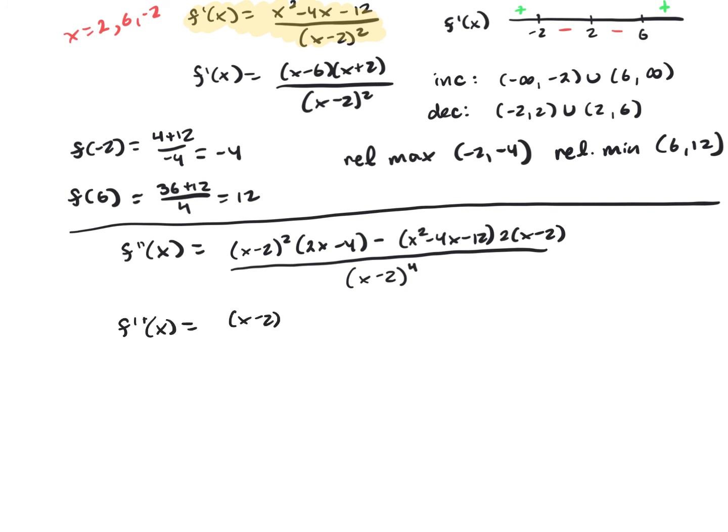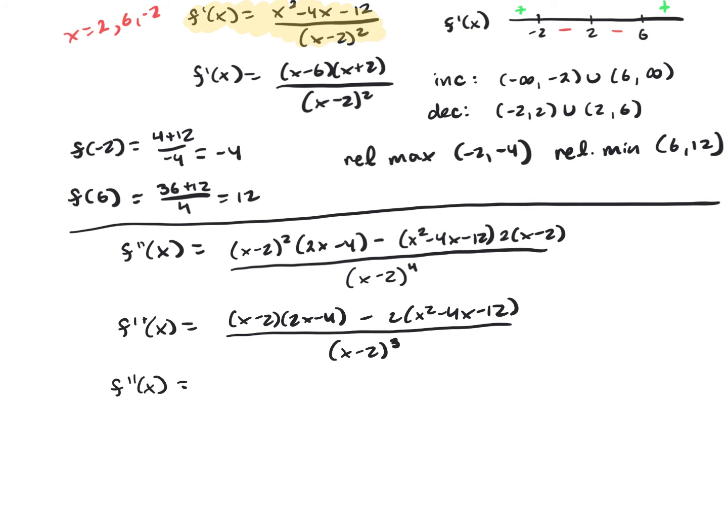So we have x minus 2 times 2x minus 4 minus 2 times x squared minus 4x minus 12 over x minus 2 cubed. And then we're going to multiply this out and keep simplifying.